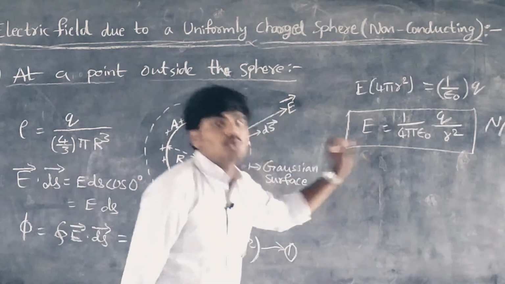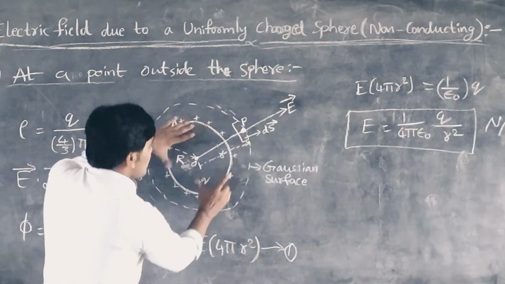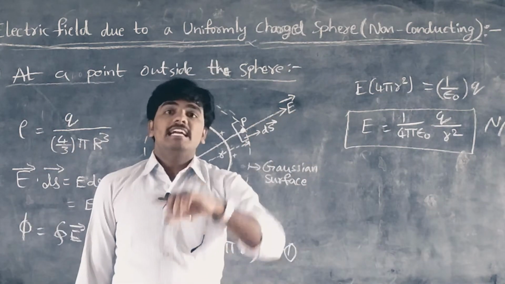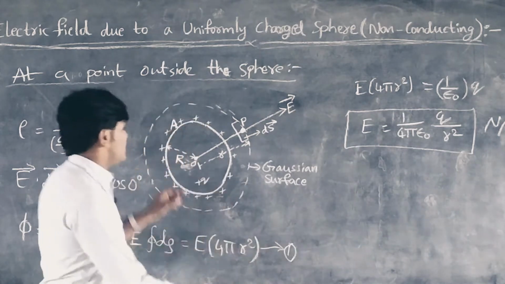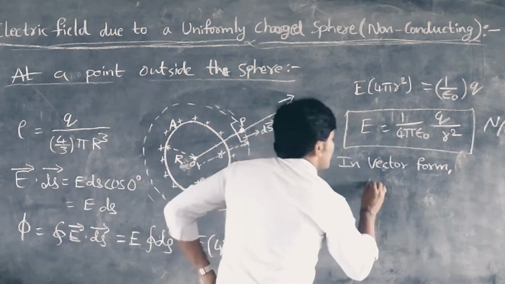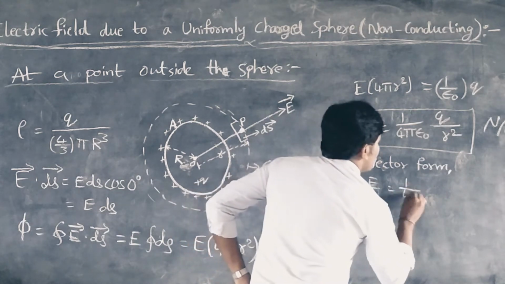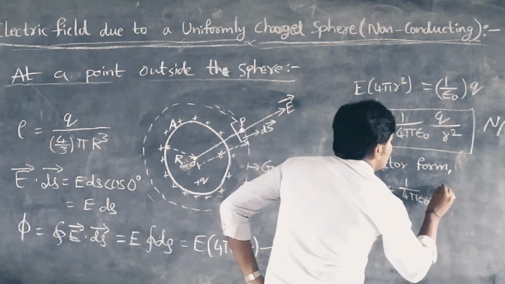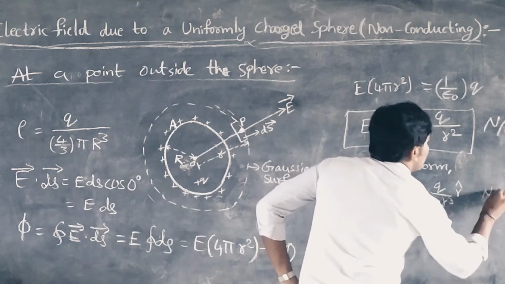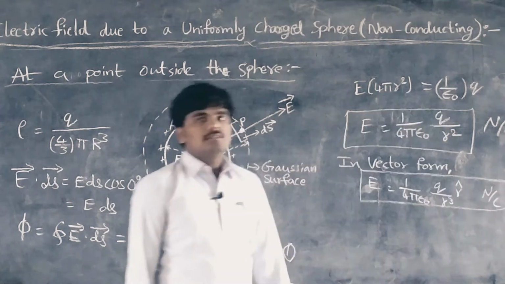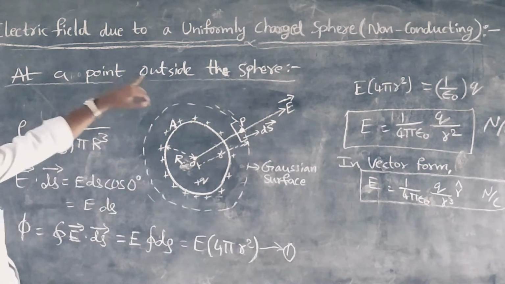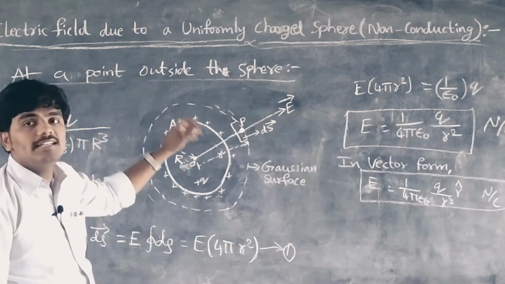This expression shows that a point outside the sphere behaves as though the entire charge were concentrated at the center of the sphere. So in vector form, we can write this equation as E is equal to 1 by 4 pi epsilon naught q by r cubed r vector, Newton per Coulomb. So this is the expression for electric field intensity due to a uniformly charged sphere at a point outside the sphere.